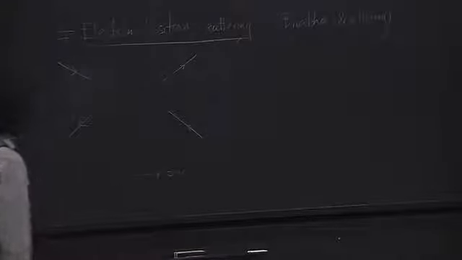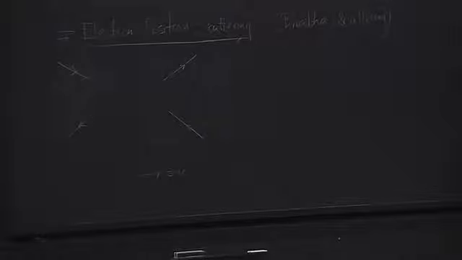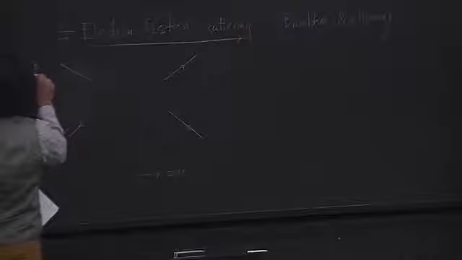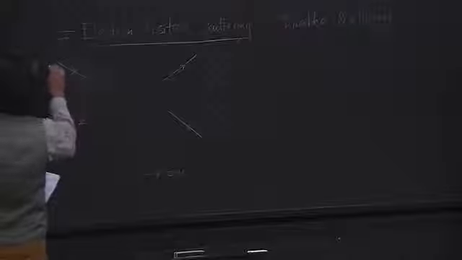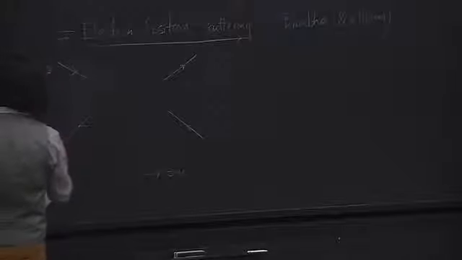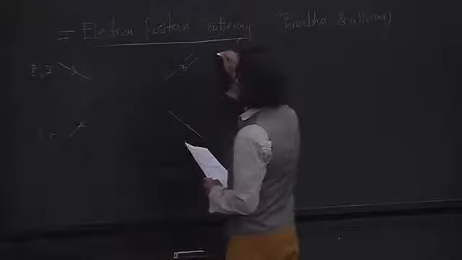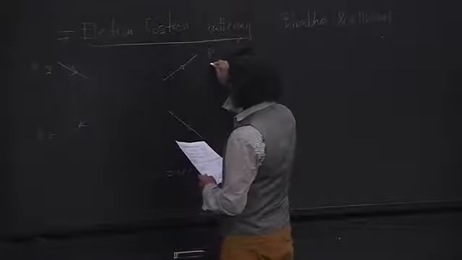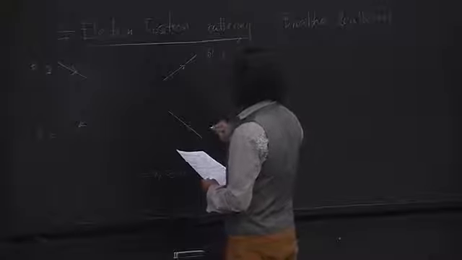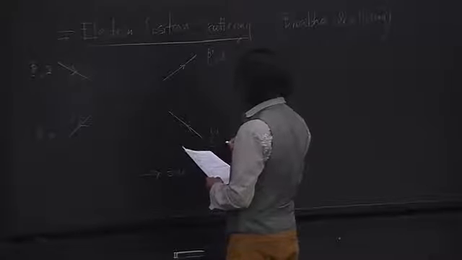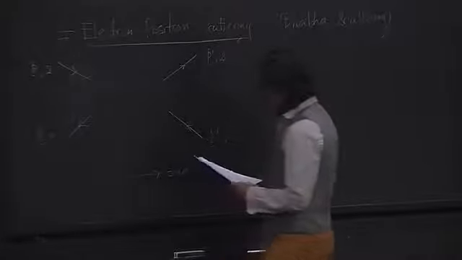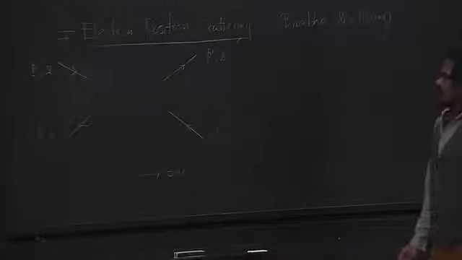So now, using that vertex, we have to add up these external lines. Before we do that, let's decorate the external states with the momentum and spin labels. So how can we do this?